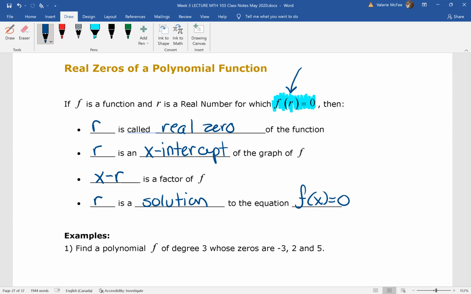Take some time, go back to the example we just did, and then read these over until they make sense.